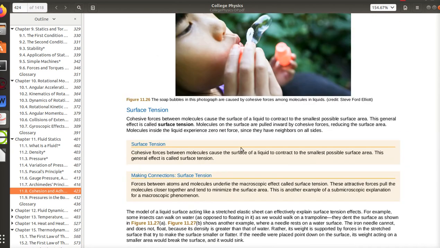Surface tension is a nice little topic to get into, just not in terms of solving any problems, but noticing that on the side of a glass the liquid tends to kind of crawl up. If you read a beaker or a test tube, you will see a U-shaped level of the liquid, and you always read to the lowest because of the surface tension that's drawing it up on the side.